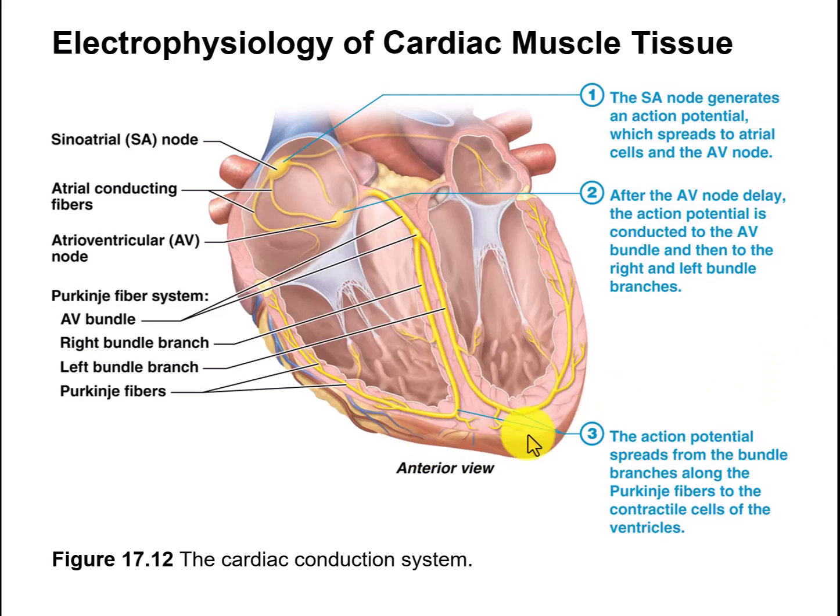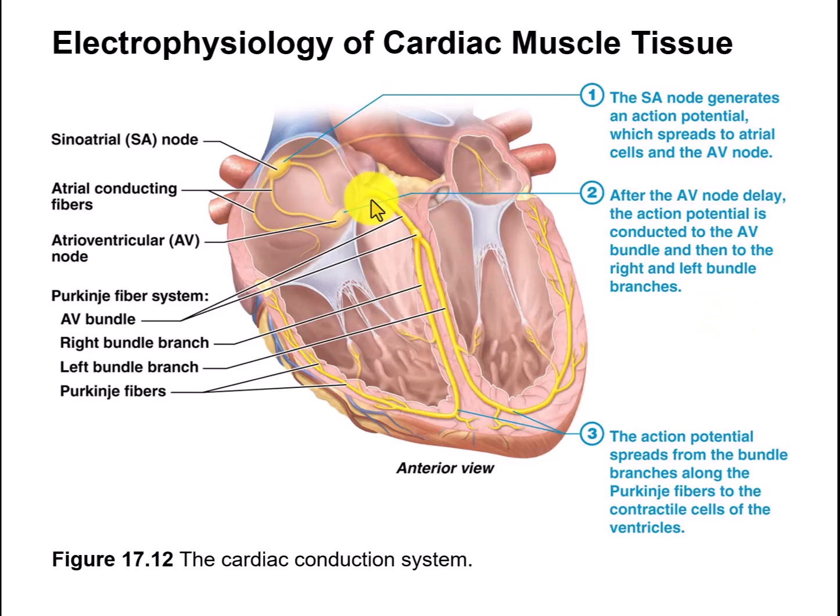We get down to the apex of the heart, and once we get to the apex, the action potential spreads from our bundle branches along the Purkinje fibers on the outer walls of both ventricles. And then the ventricles enter systole.